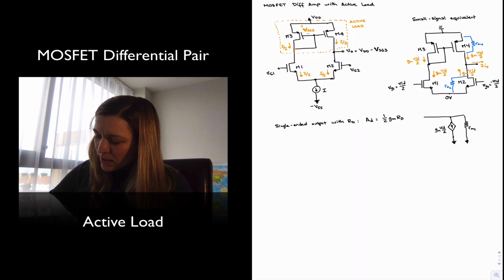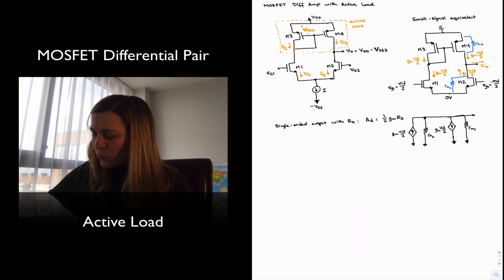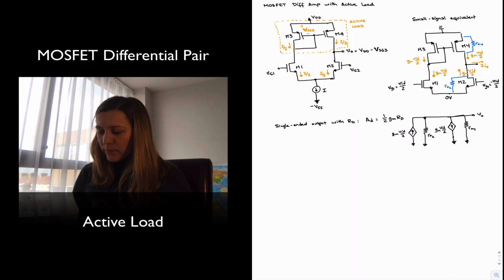And so I could represent it as a current source in parallel with this one, GM VID over 2, and its associated output resistance is Rout 2. And this will be the output node right here.